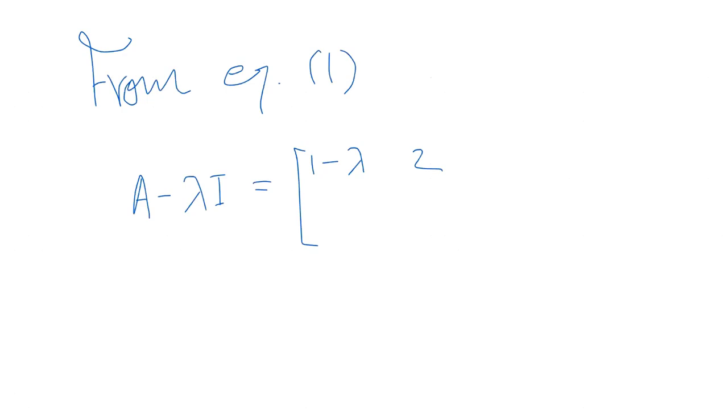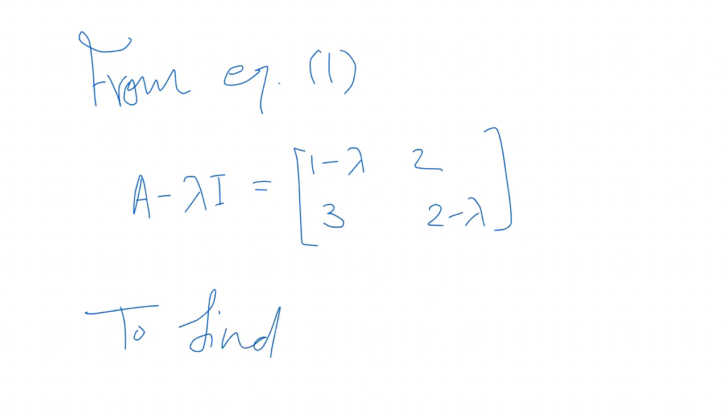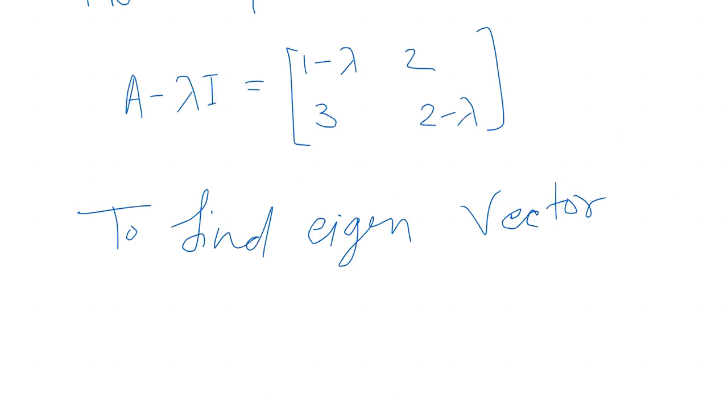To find eigenvectors, put A minus lambda into I into X is equal to the zero matrix.